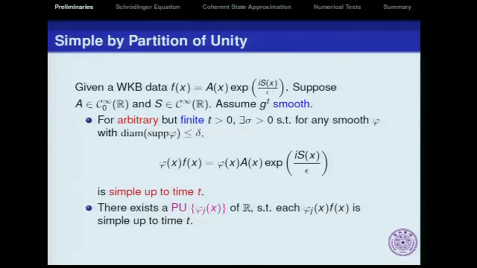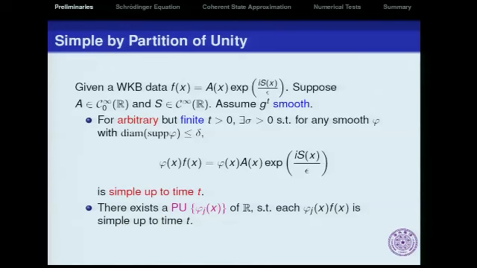If the support of this windowed function is sufficiently small, then you can make this WKB function simple up to time t for any fixed time t. Of course, this sigma should depend on the time t, but no matter how large t is, there should exist such a positive number sigma.